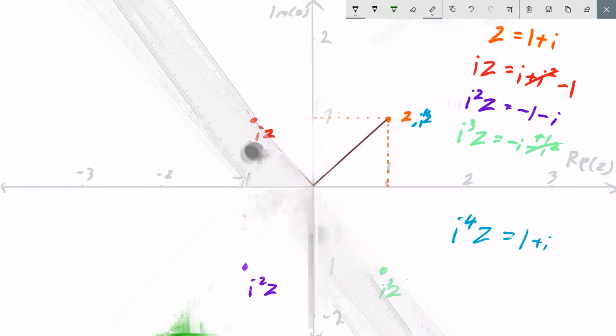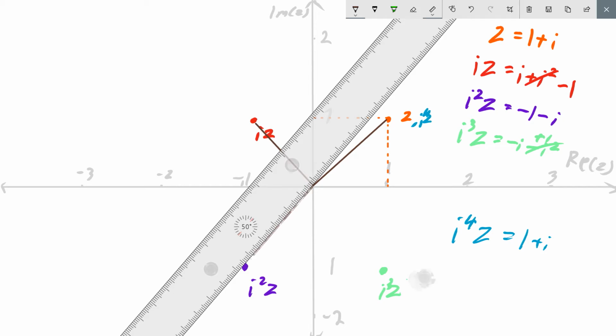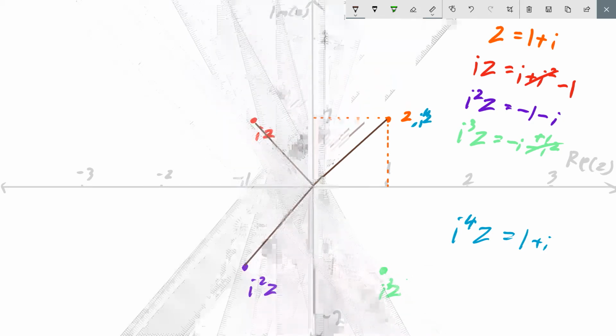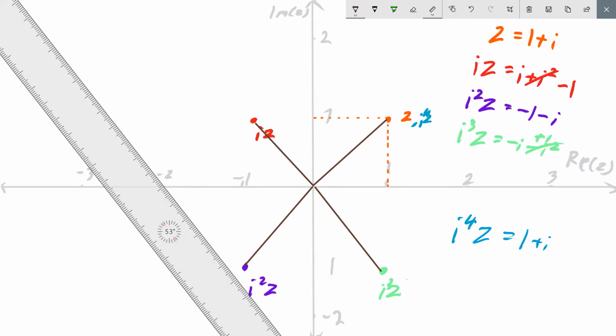You'll see that in some textbooks they'll actually put in a line going to each of these points. This isn't perfect, but what's effectively happened is that we've rotated 90 degrees every time we multiplied by an extra i. Or in radians, we've moved pi over 2 radians.